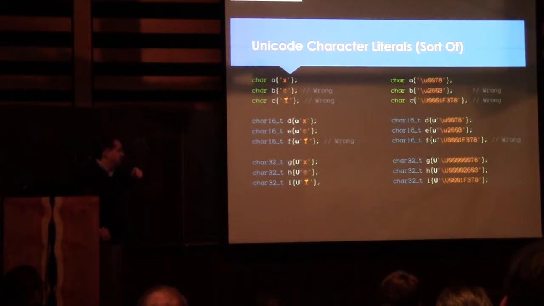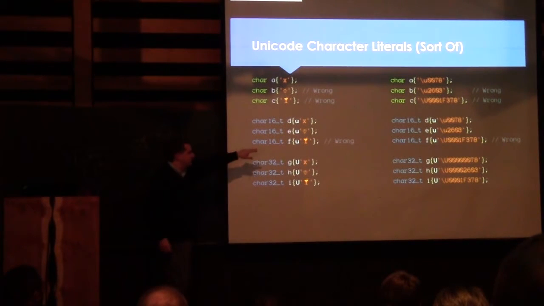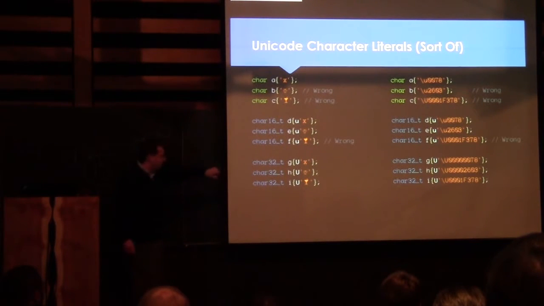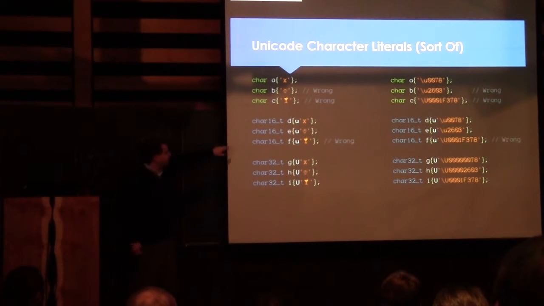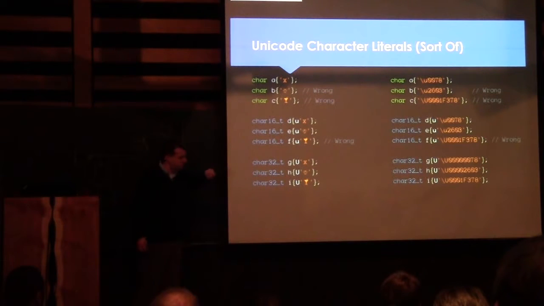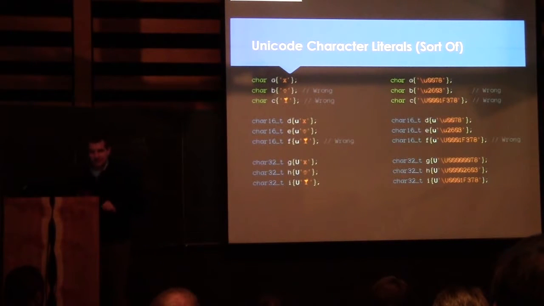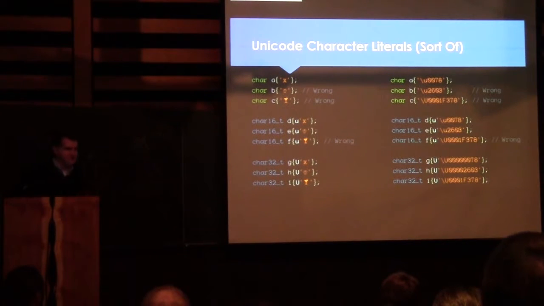Similarly for our cocktail glass, which requires 32 bits. The same is true for char16_t. If you want to represent something that's not representable by 16 bits, that won't work. So it's only char32_t that can represent any full character. Specifically here for char16_t, I say it's wrong. I actually believe that it's ill-formed from reading the standard, but G++ was happy to compile it as is, so I'm not entirely sure. Visual C++ does not yet support the Unicode character literals.